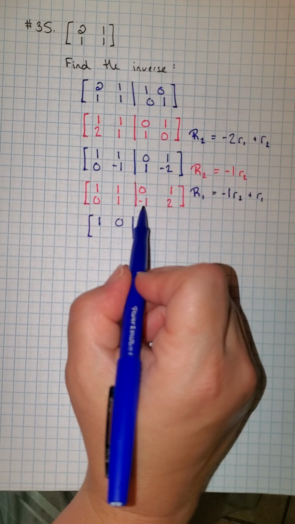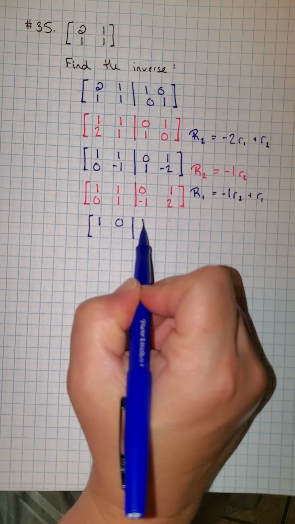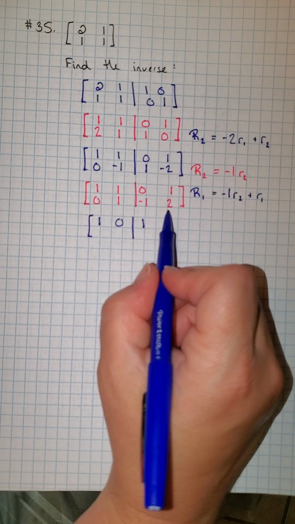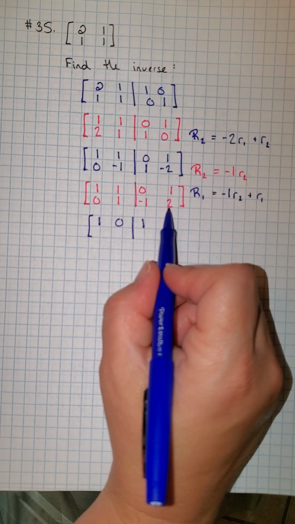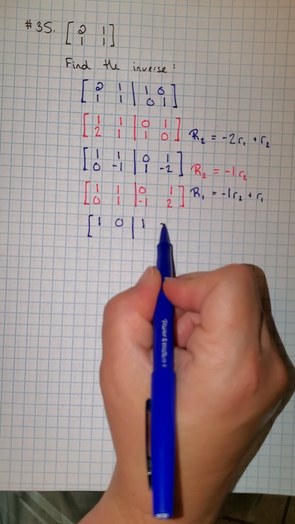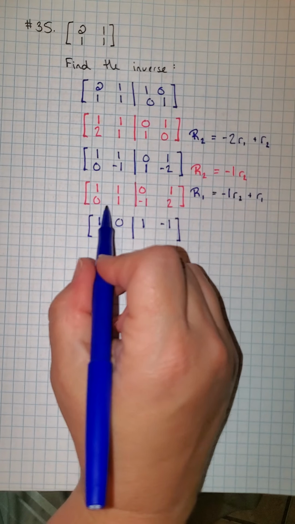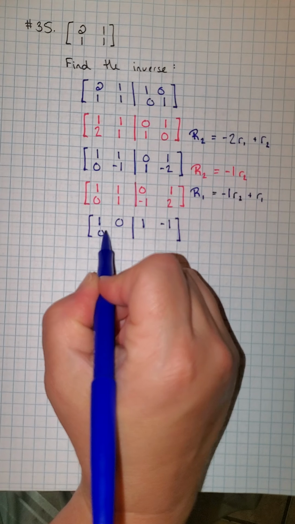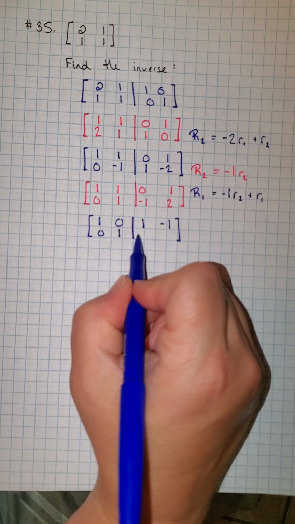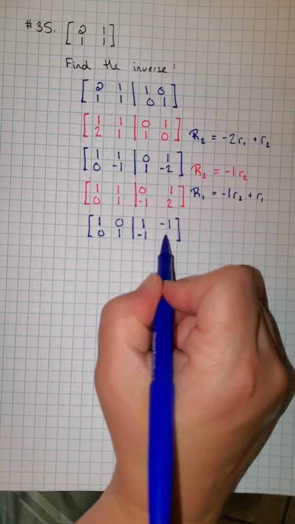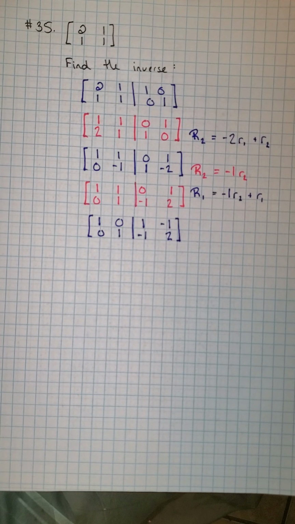Negative 1 times negative 1 is 1, plus 0 is 1. Negative 1 times 2 is negative 2, plus 1 is negative 1. This row will stay the same. And we are actually done.